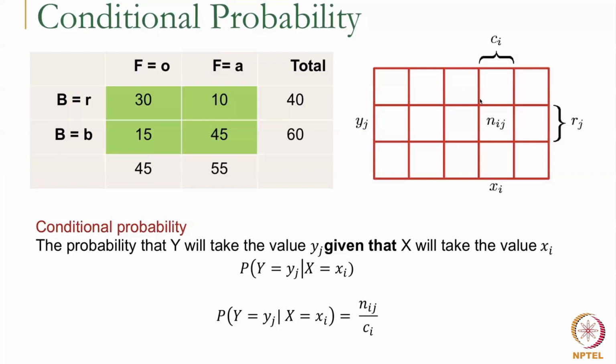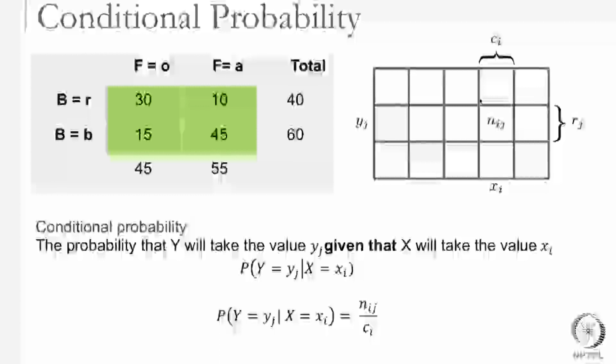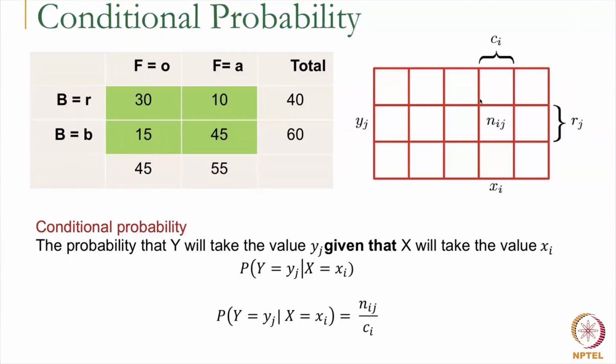So similarly here, if I ask, after 100 trials, what is the probability that I picked an orange? Then you will say, well, you didn't give me any further information. The probability is 45 by 100. That would be simply the probability that the fruit is an orange. But I give you something more specific. I say, what is the probability that the fruit is an orange, given that the basket was red?